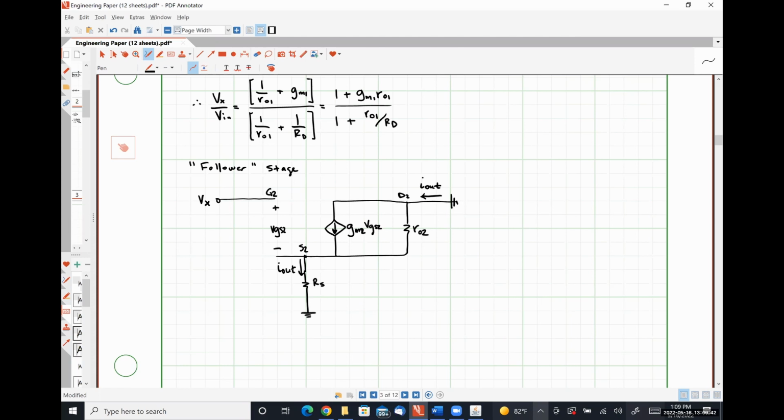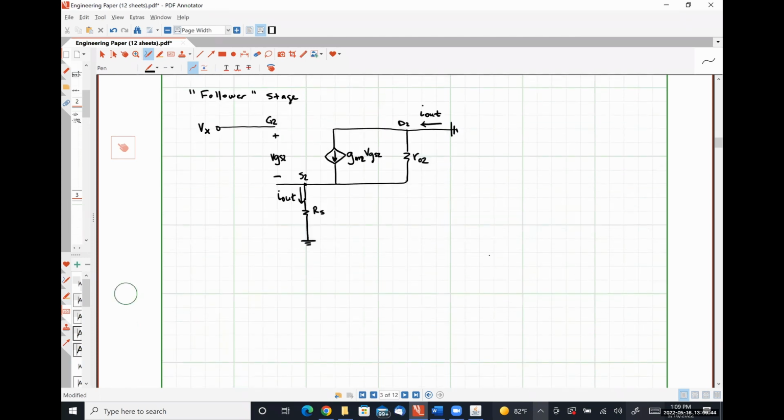So using current division, I can say that I out is equal to GM2 times VGS2. Let's talk about what VGS2 is going to be. The voltage at my gate is Vx.